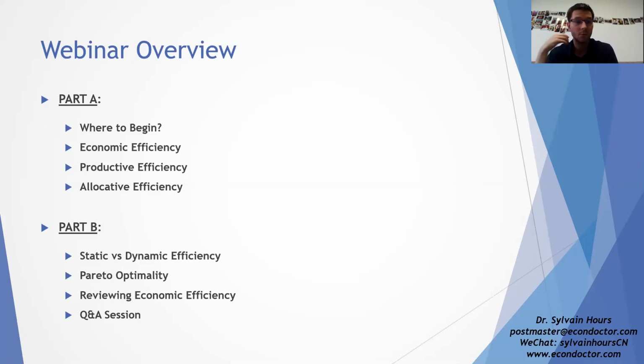Productive efficiency within a firm, we use the ATC curve to illustrate it. And then we focused on allocative efficiency. To introduce this concept, I defined total surplus, and I explained that allocative efficiency is simply when total surplus is maximized, which is the case when the marginal benefit of consumption is equal to the marginal cost of production. So that's pretty much what we did yesterday.